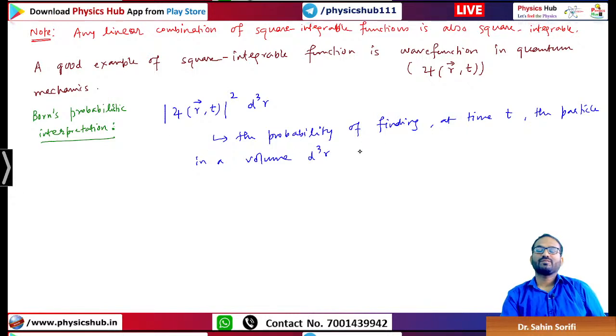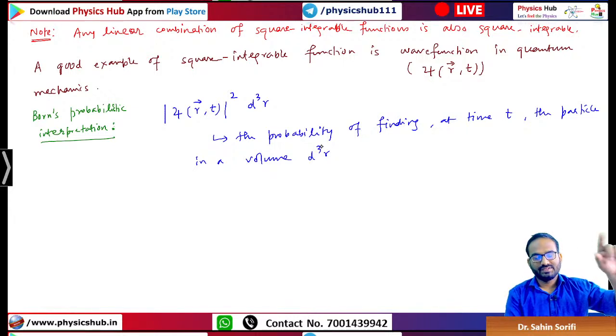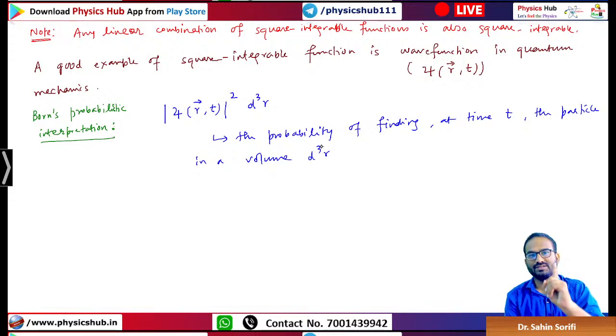So this is the probability to find the particle in some volume V. If you scan over the whole space, we will definitely find the particle, because the particle must be somewhere in space. So if you integrate over the whole space, it should give you a certain event, 1.